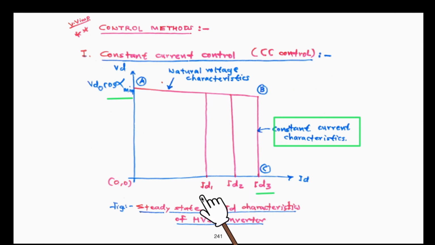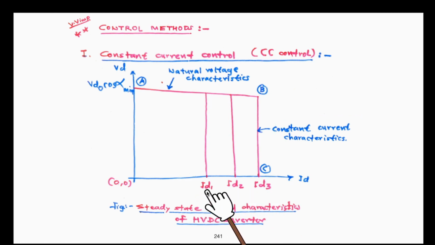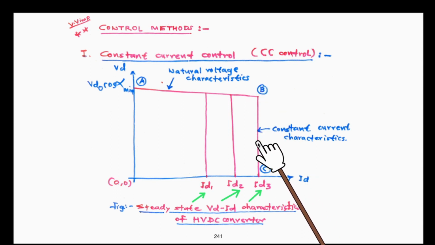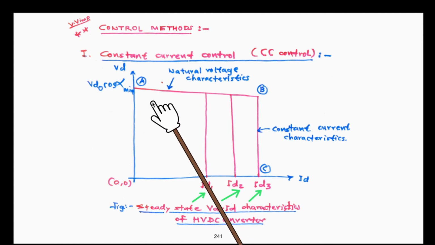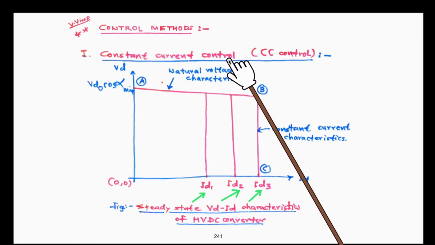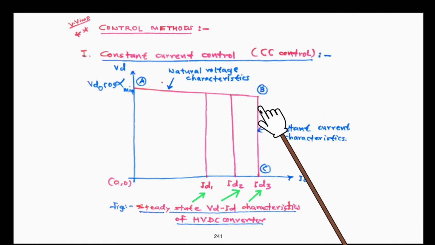So these values at the bottom, that is this ID1, and then you have the next value, that is ID2, and then ID3. These are all called current references, the set value of current for the converter, which will ensure that the constant current control does not allow current to exceed beyond this.